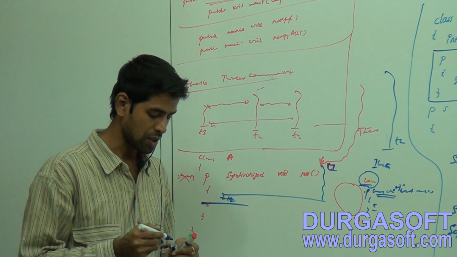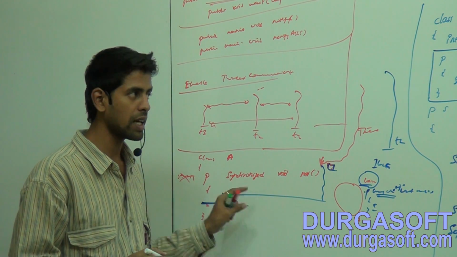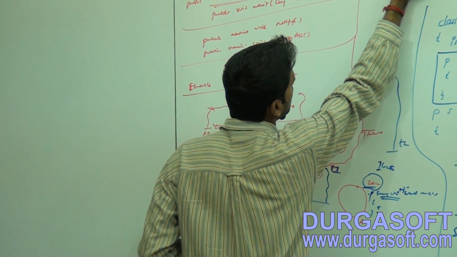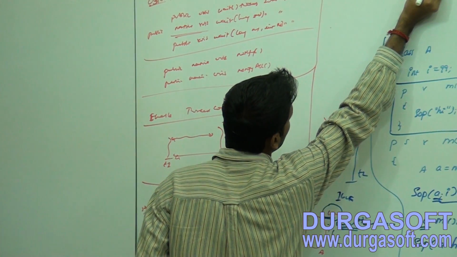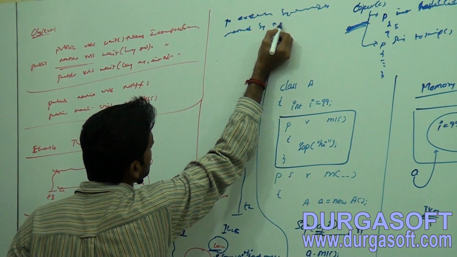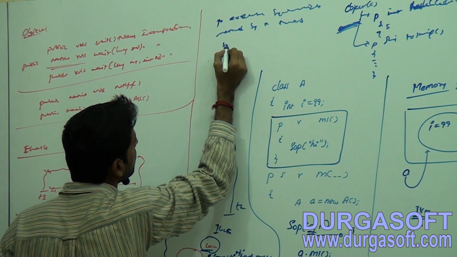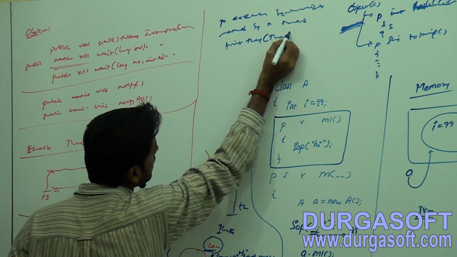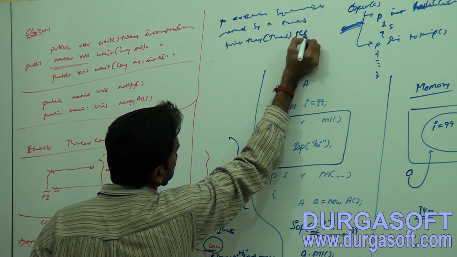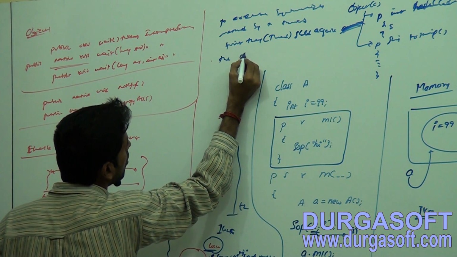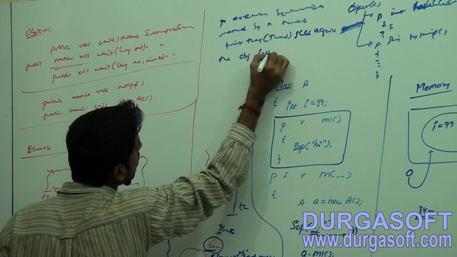Observe my terminology. To execute a synchronized method by a thread, first the thread should acquire the object lock.